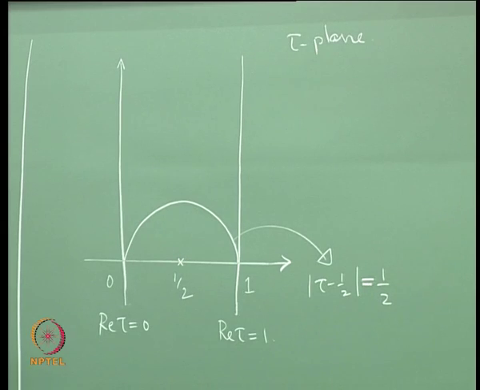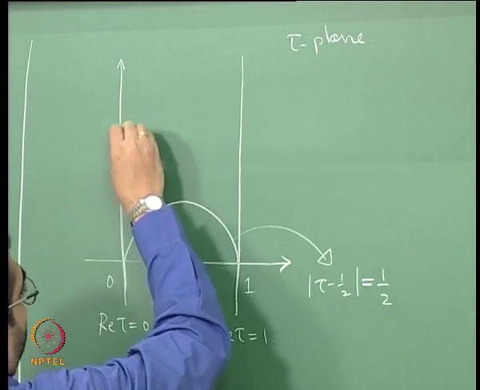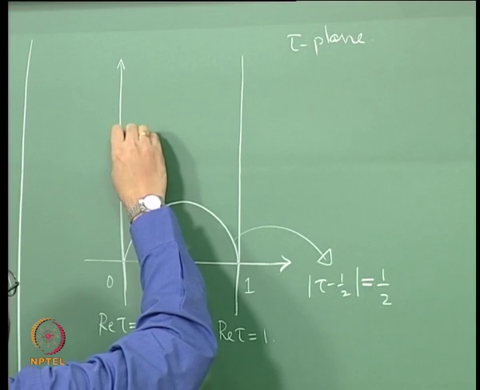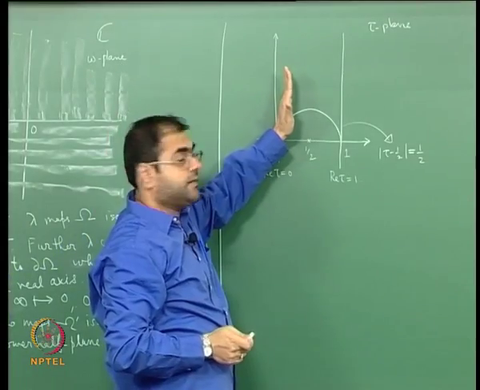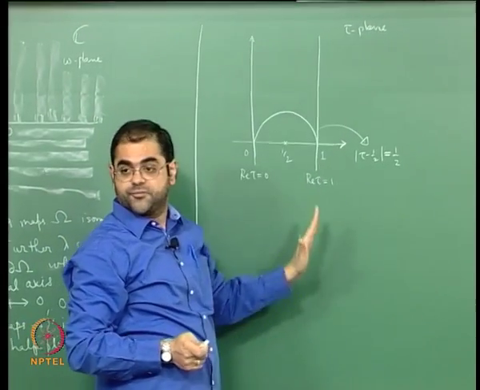Now what we can observe immediately is that this imaginary axis is mapped by tau plus 1 onto this, okay.